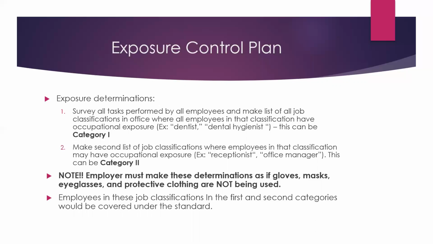Okay, because you have to pretend, is this completely proofed without any PPE that's on? Employees in these job classifications in the first and second categories would be covered under the standard. So this would be part of your overall exposure control plan.